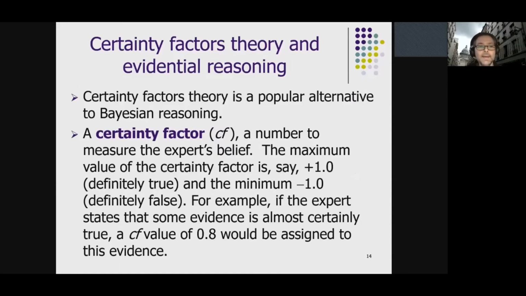Another idea is to use certainty factors. It's a completely different approach. Bayesian reasoning obviously is based on some strong mathematical theory, the theory of probabilities, and there are theorems. It's mathematically considered very strong, convergence proofs, etc. Certainty factors theory is more heuristic, someone could say.